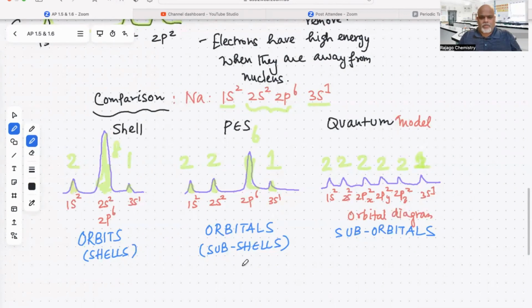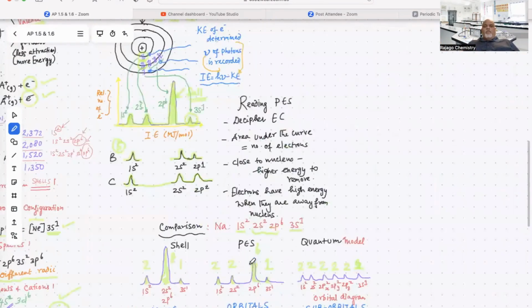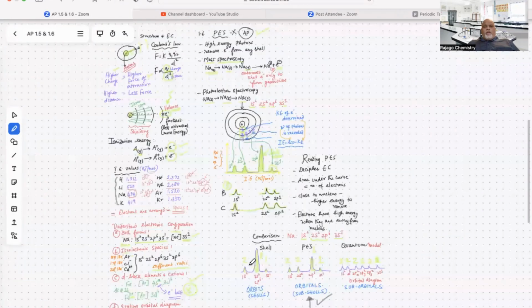Reading the graph: if a graph is given, you have to identify the element. If the element is given, you have to be able to draw the graph. This is very important. This is all for 1.5 and 1.6.